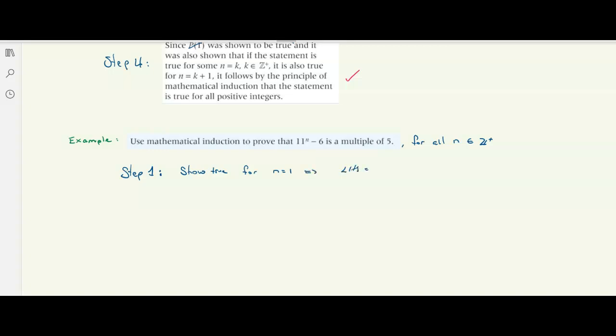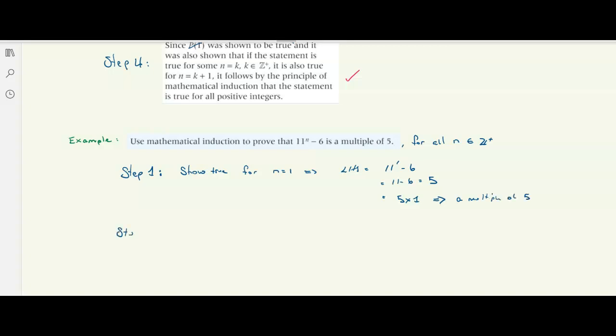Left-hand side equals 11 to the power of 1 minus 6, which is equal to 11 minus 6, which equals 5, which equals 5 times 1. So therefore, it's a multiple of 5.